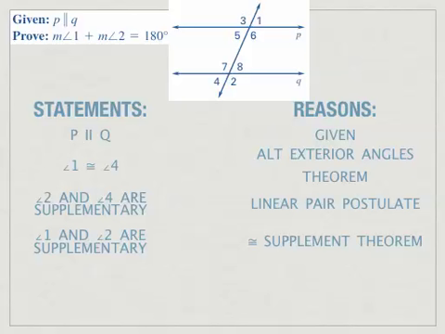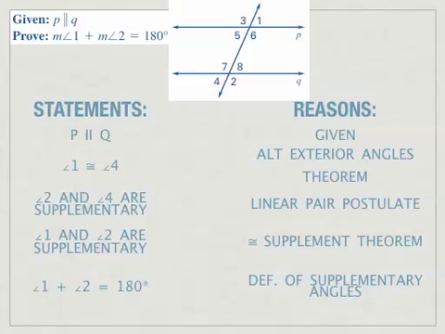If angle 2 is supplementary to angle 4, then it's also going to be supplementary to an angle that is the same measure as angle 4, which I do know that angle 1 is. Because I have angle 1 and angle 2 supplementary to each other, I can add them together and set them equal to 180 because of the definition of supplementary angles. So I have proven that angle 1 plus angle 2 equals 180.